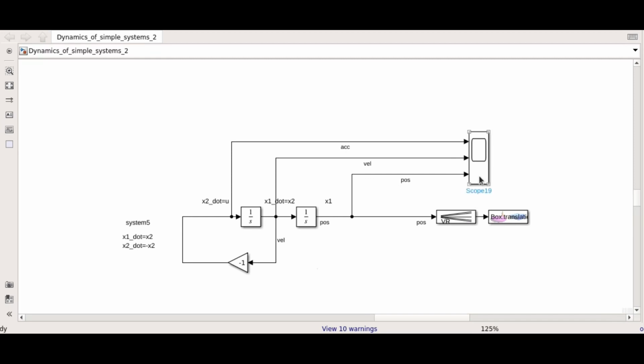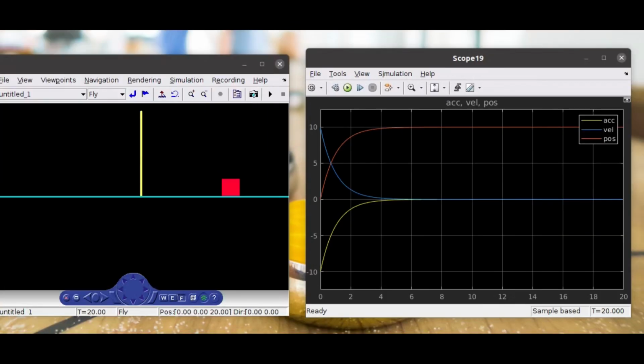The force acting on the body will be negative of that velocity. If we see the plots, the initial velocity was 10, and the force that was acting on the body is minus 10. The velocity starts decreasing.